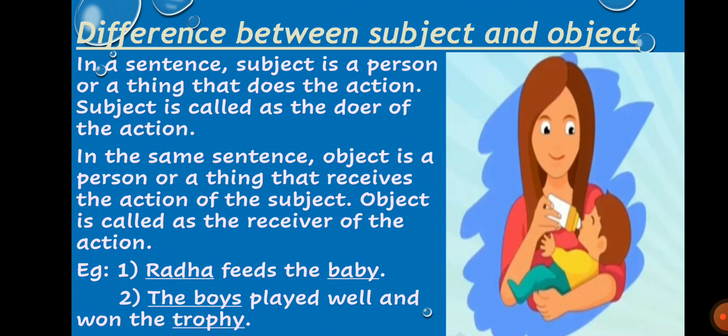So hence trophy is the object over here, and object trophy is receiving the action of won. So what did the boys won? Trophy. So hence trophy is the object over here. So students understood what is subject and object and how to find subject and object in the same sentence.